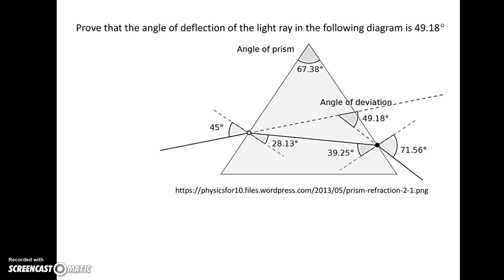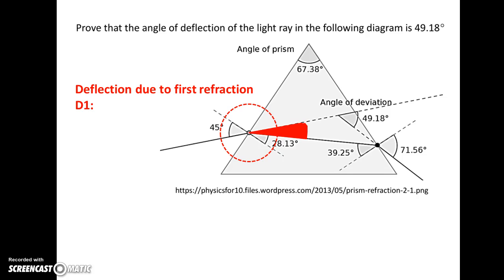For this question, you are asked to prove that the angle of deflection is this value. What you have to do is find the angle of deflection due to the first refraction here. This is the angle of deflection, D1. It is given by 16.47 degrees.